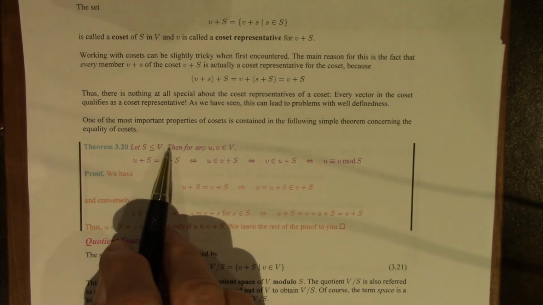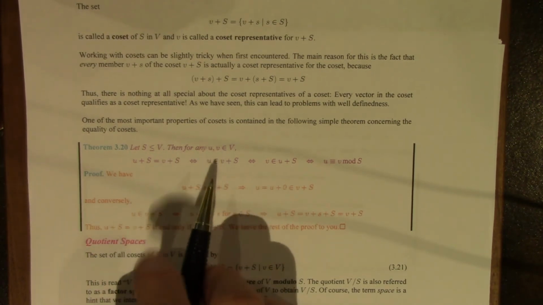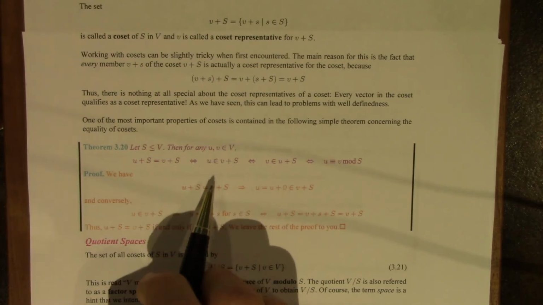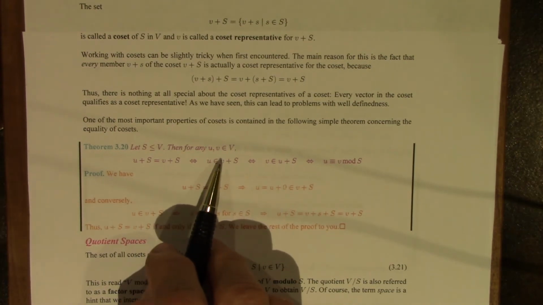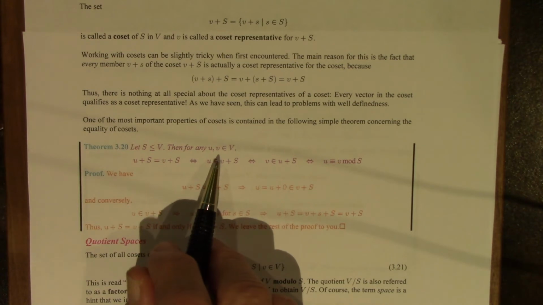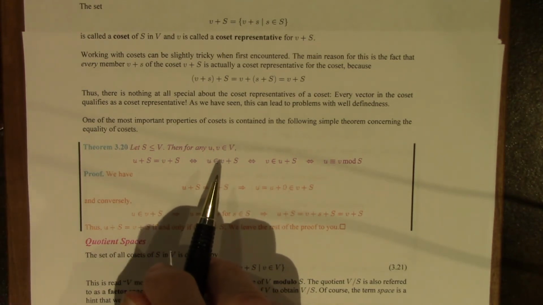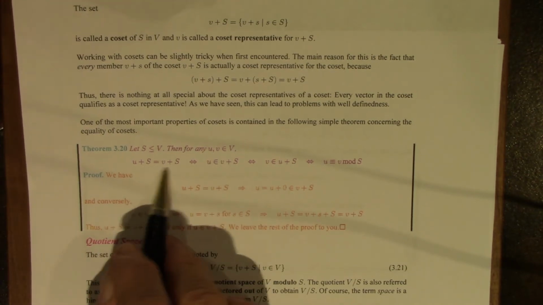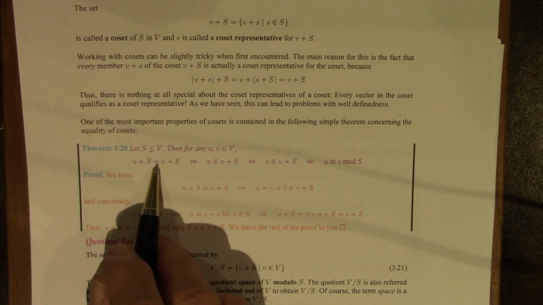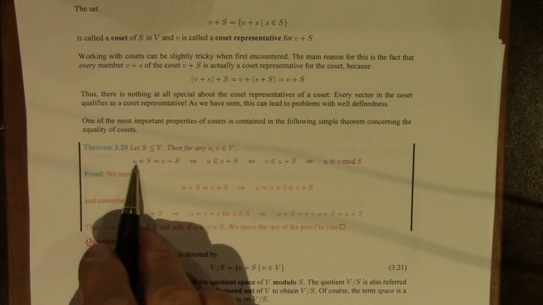One of the most important properties of cosets is this following simple result concerning equality of cosets. Again, it's required by this issue of non-uniqueness of coset representatives. When are two cosets equal? It's not only when u equals v.